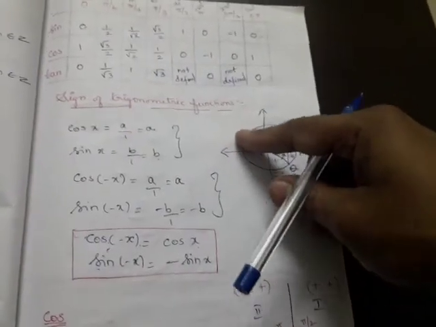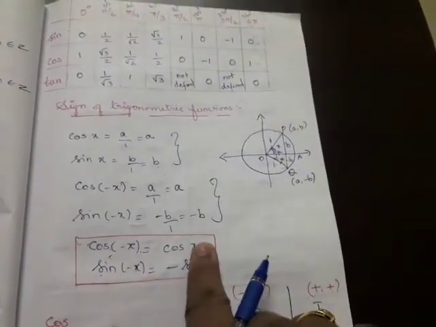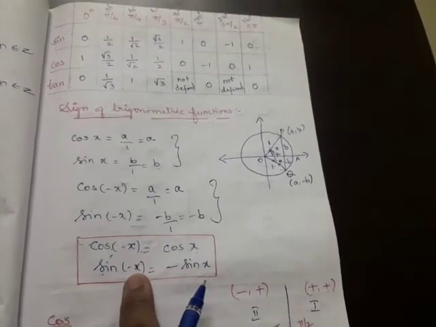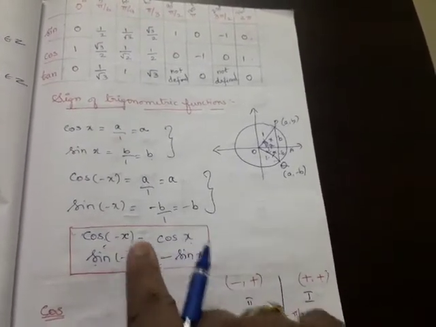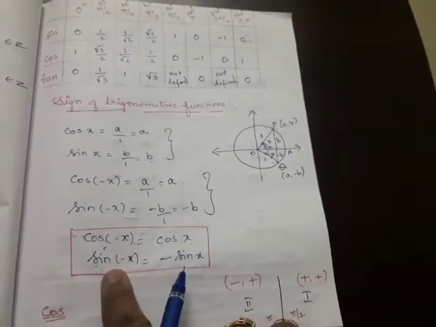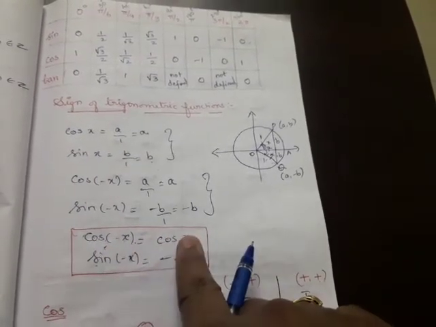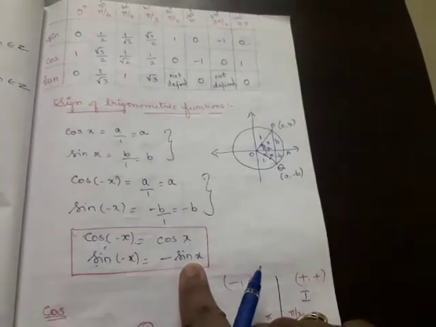Then we have learnt the sign of trigonometric functions. The cos of minus x is cos x and sin of minus x is minus sin x. The negative sign won't affect cos, but it will affect sin function.